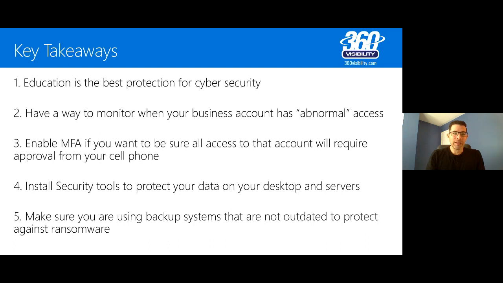That's all we got. But some of the key takeaways: make sure you send out an email even today to the teams, reminding them to watch out for malicious emails. There's been a rise in that. If there are links that you see, don't click them. And not just that, but you have to have a way to monitor when you have abnormal access.